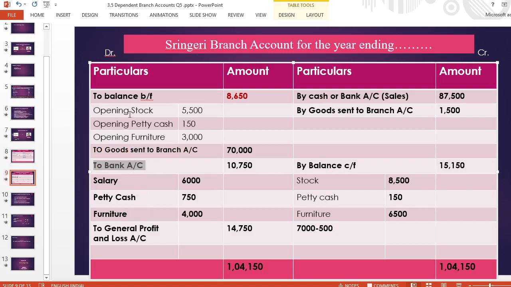Branch received the amount, so we debited branch account. And here, while considering depreciation, you should be careful. So furniture in the opening balance, on this we should calculate the total depreciation for the year, and on this balance, we should consider the depreciation only for half year. And this petty cash. So under imprest system, opening and closing petty cash will be same.